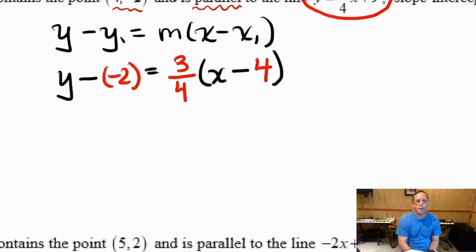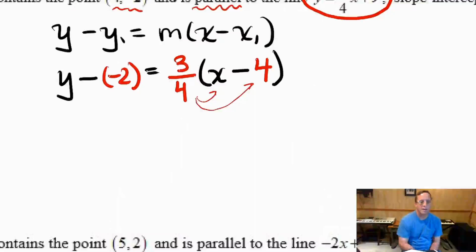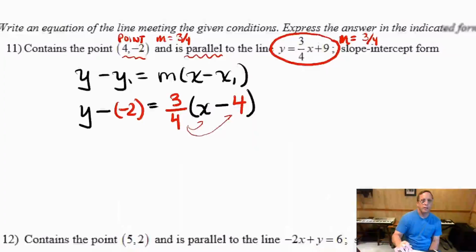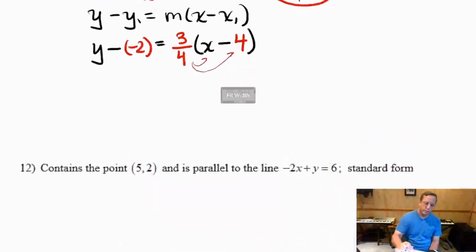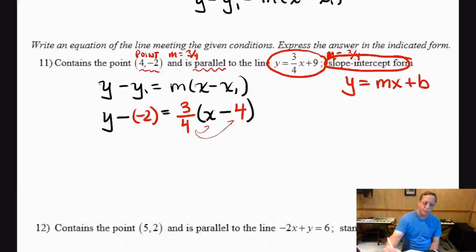Okay, now on this one I'm not going to bother with clearing the fractions because I noticed that when we distribute the 3/4 times x, we get 3/4 x, and then 3/4 times 4 will in turn clear that fraction out. By the way, we want to get this in slope-intercept form, where it's y equals mx plus b.